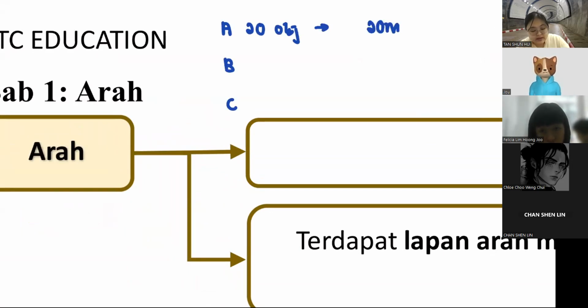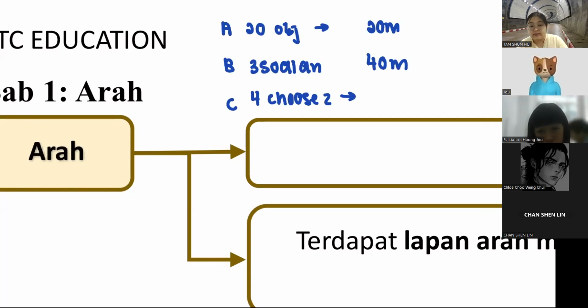And then Bahagian B, you will have 3 subjective questions, total worth 40 marks. All right. And then Bahagian C, you're going to have 4 questions, and you have to choose 2 of them to do. 10 marks each question, so total 20 marks. So your exam paper will be in total 80 marks.